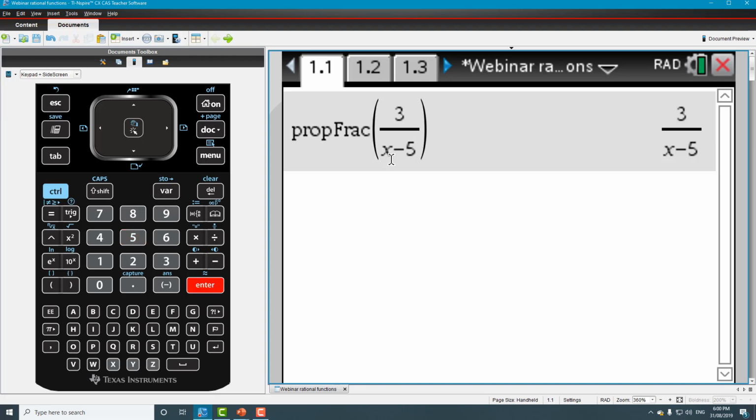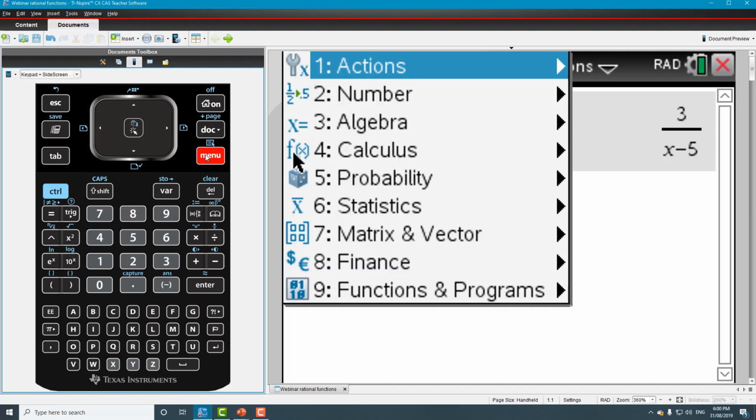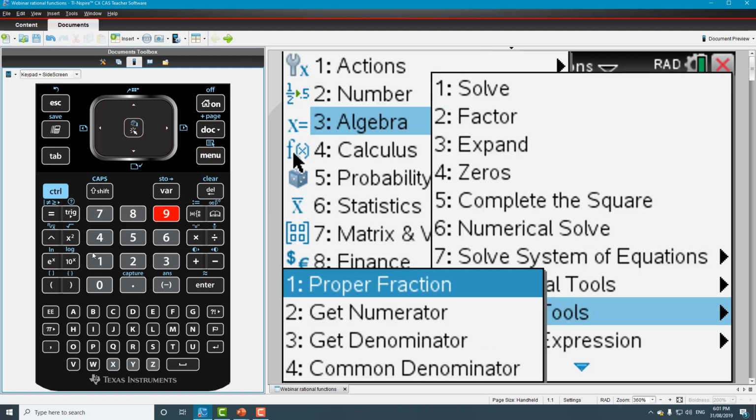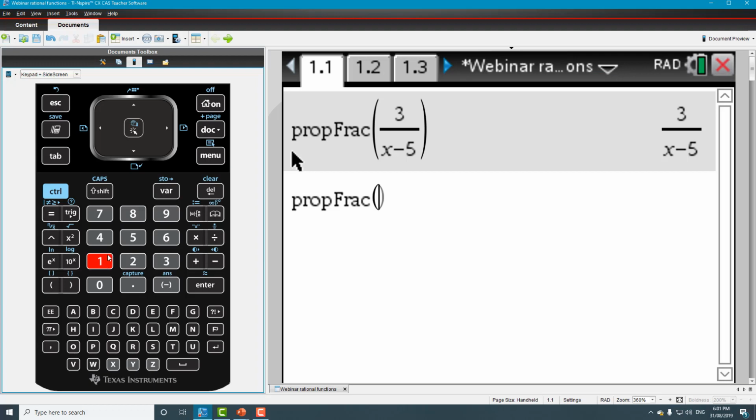So this clearly tells me that I will have a vertical asymptote, which is x equals 5, and my horizontal asymptote, which is 0, would be y equals 0. However, let's make the degree of the numerator the same as that of the denominator. Once again we'll follow the same steps: proper fraction and enter.